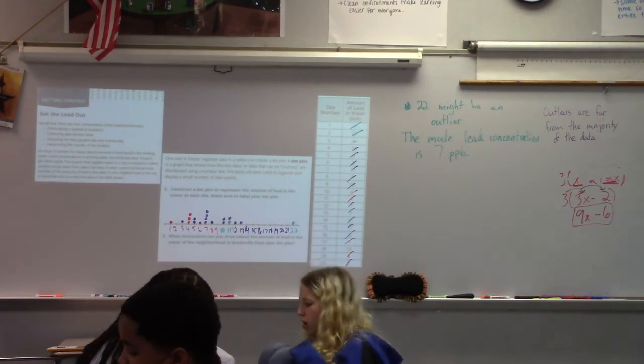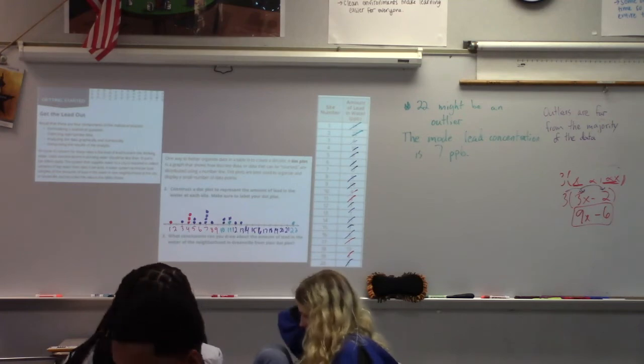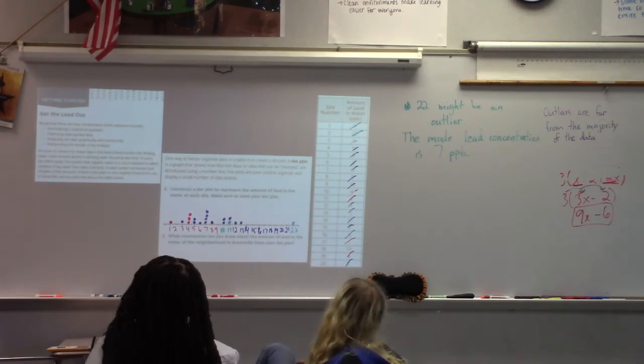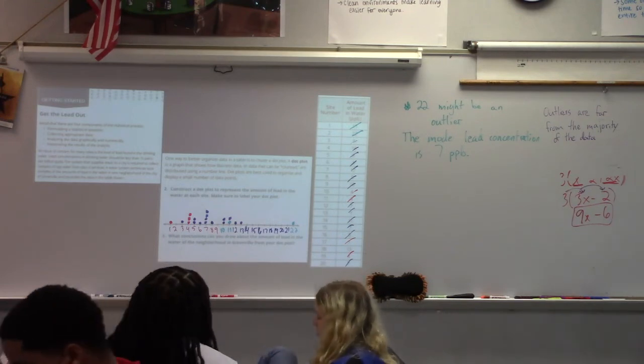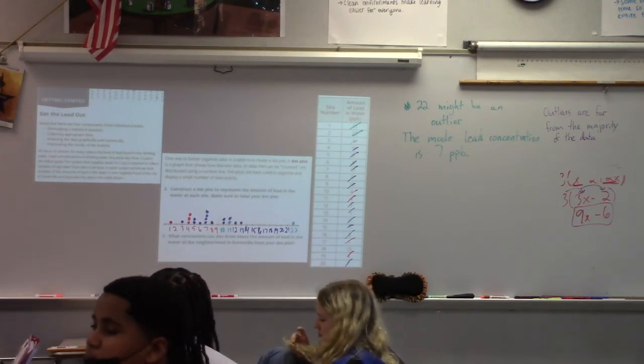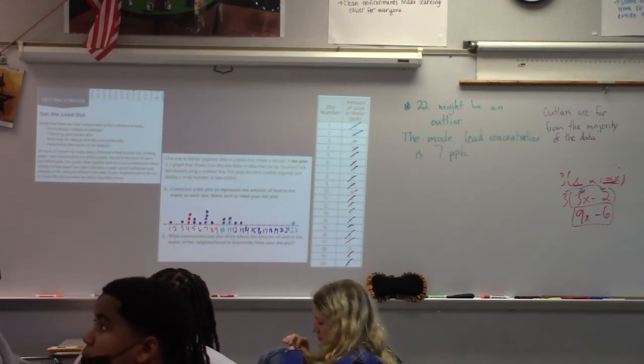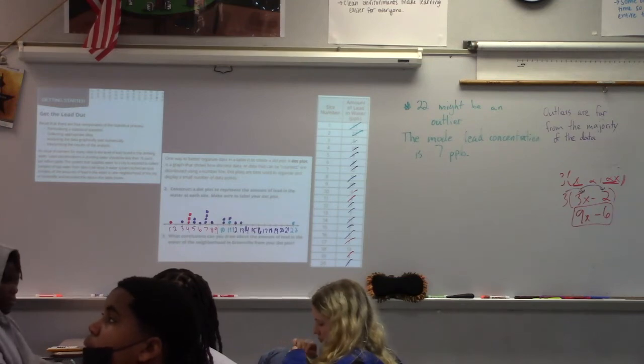Why is that important for the context of the study? It's not an average though. It's the most common number. It is the most common number, but think about the context. Why do we care about these lead concentrations? Because they can be harmful. What level makes it harmful? The lethal level.